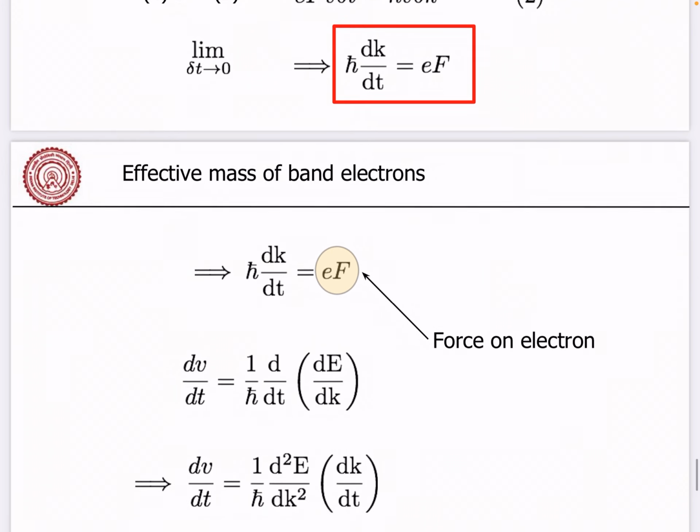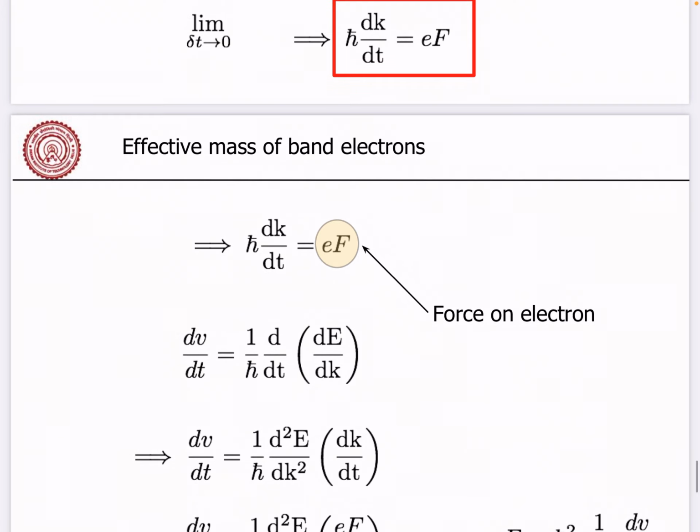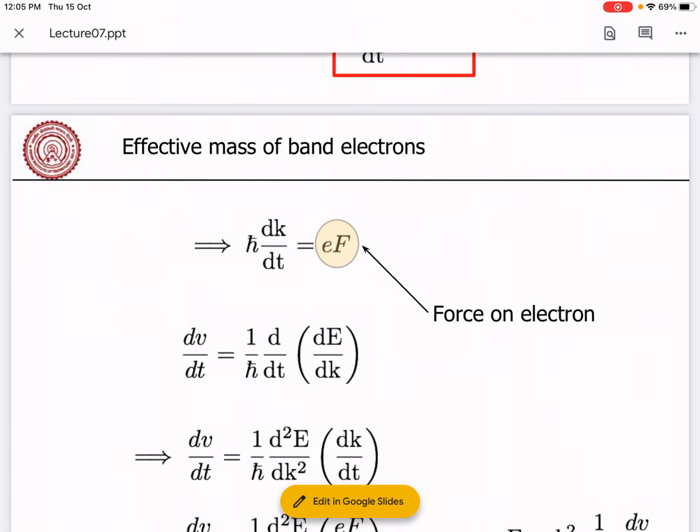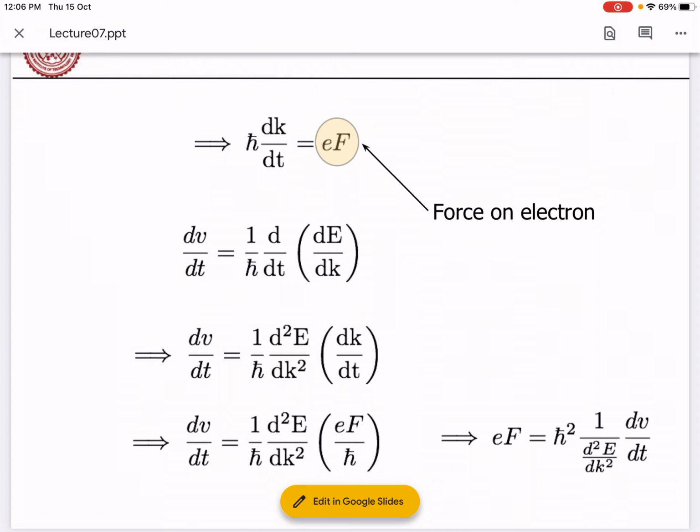Now we can write dv/dt as 1 upon h-bar d/dt of dE/dk, because we know the group velocity is 1 by h-bar dE/dk. So dv/dt is this, and it will be equal to d2E/dk2 times dk/dt.